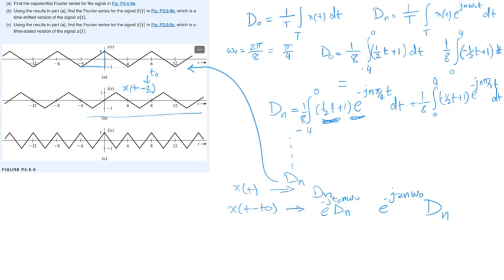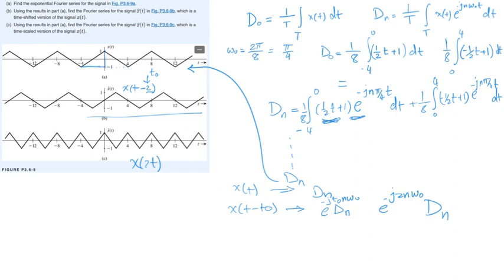So it became 2t. So this is going to be x2t. Again, from that table, if you have time scaling, there is an expression for time scaling. 1 over a, no, not scalar multiplication, time scaling. It's gonna be 1 over the magnitude of a.